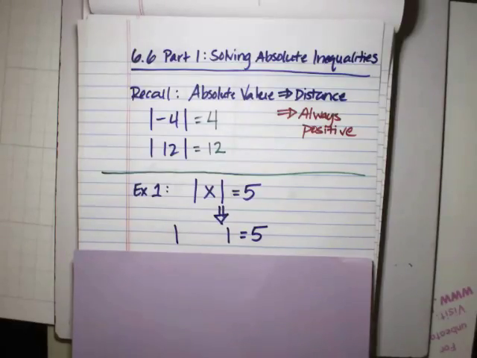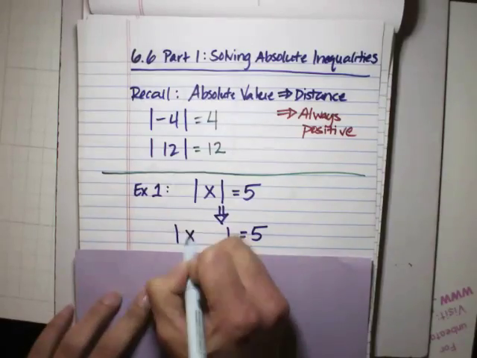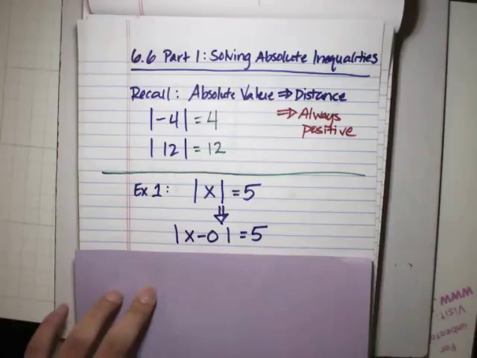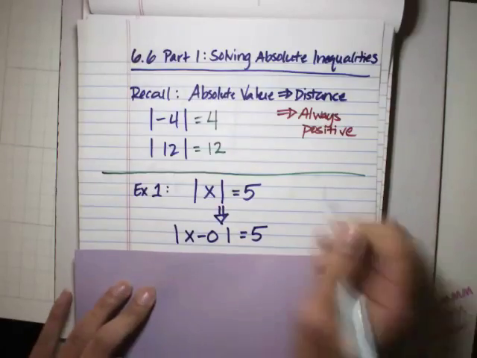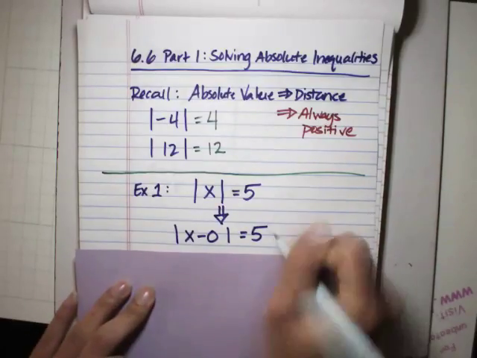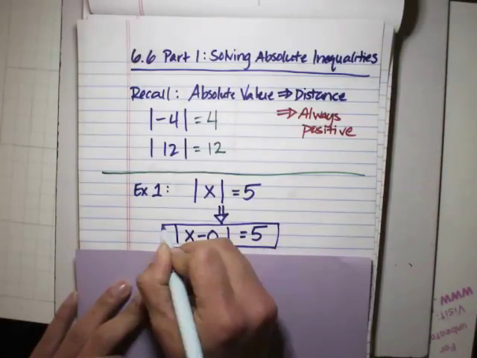And how would you find distance? Well, how far you are apart from point A to point B, you would just subtract. So I'm going to take x minus 0. I can write this equation like this, and it means the same thing.